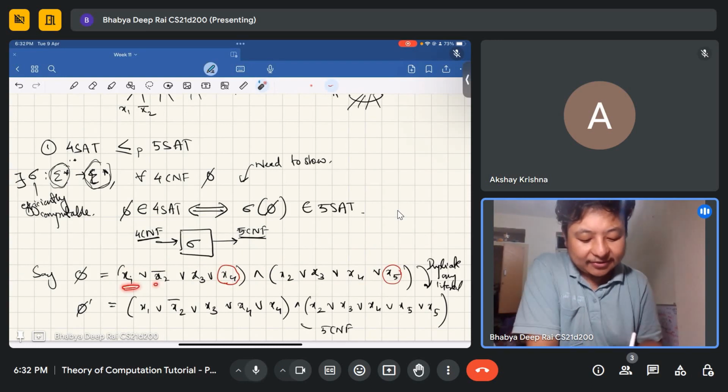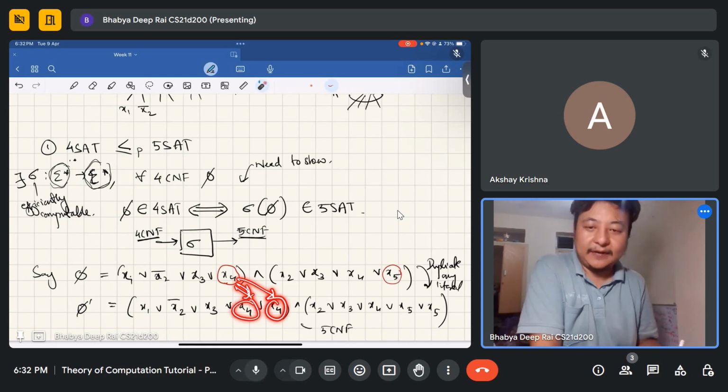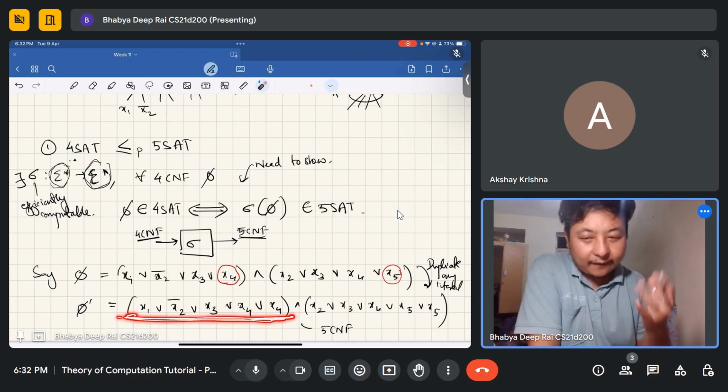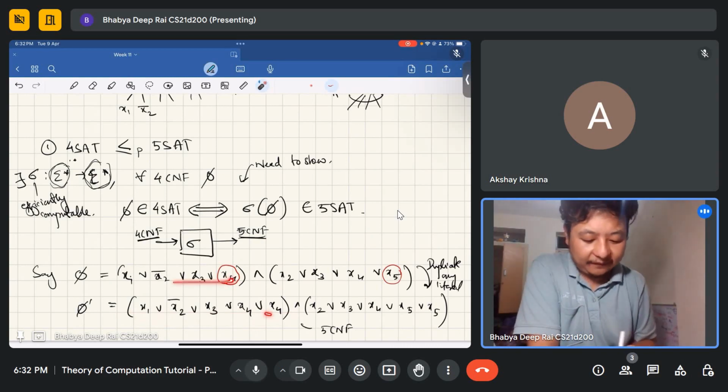I can pick x1, x2 bar, x3, whatever. In this case, I'm picking x4, the last literal in the clause, and I'll duplicate it. I'll write it 2 times, x4 or x4. Now, how many literals do I have in my clause? 5, because I've duplicated one of them. Initially there were 4, now I have 5.